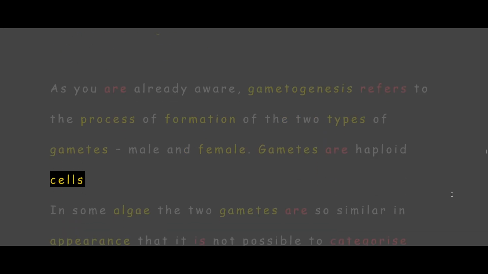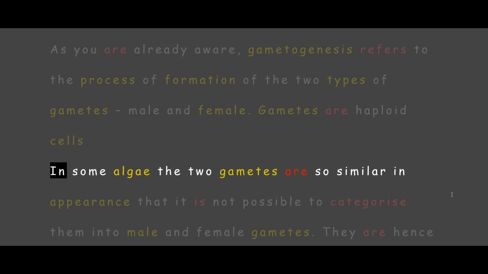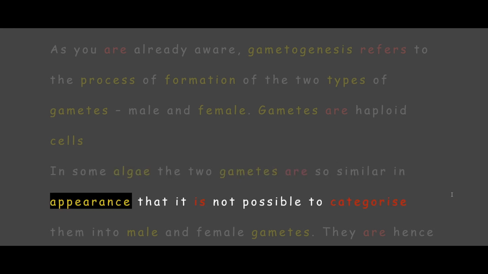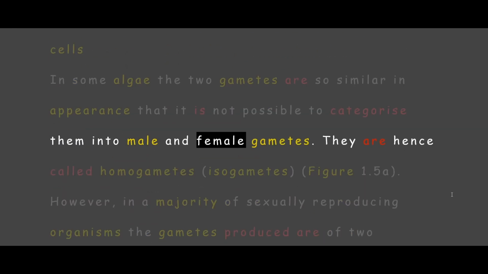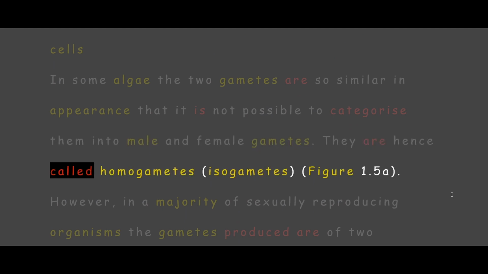Gametes are haploid cells. In some algae, the two gametes are so similar in appearance that it is not possible to categorize them into male and female gametes. They are hence called homogametes, isogametes, figure 1.5a.